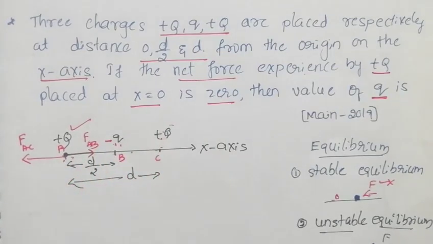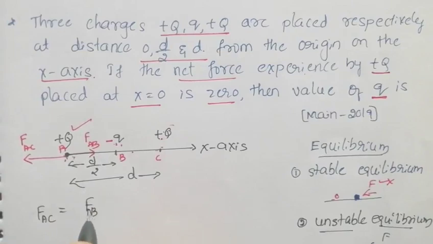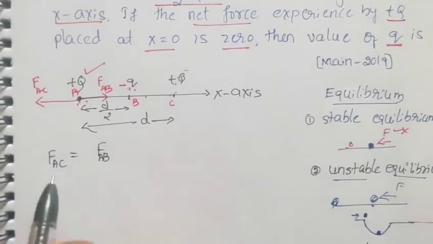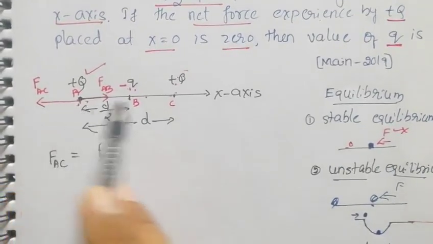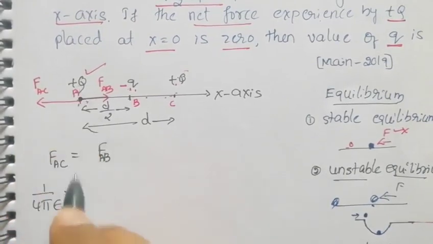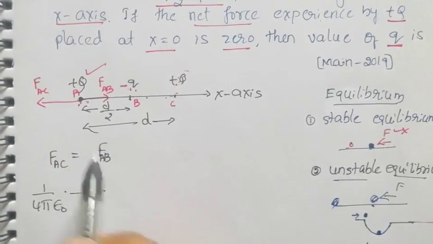So now let us put in the values. Force FAC must be equal to force FAB. Between charges A and C, what is the force? 1 by 4 pi epsilon naught multiplied by Q and Q, which becomes Q square divided by the distance between these two, d square.